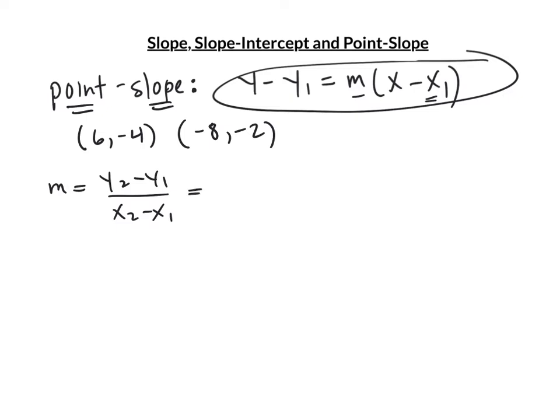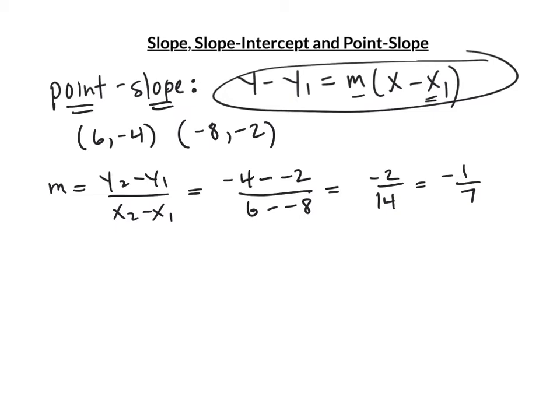So we subtract the y's up top. That's -4 minus -2. Notice the double negative, over 6 minus -8. Notice how the minus, the subtraction, is separate from the sign on the number. Now those are both going to be addition, so that would be -2 over 14, which simplifies to -1 over 7.